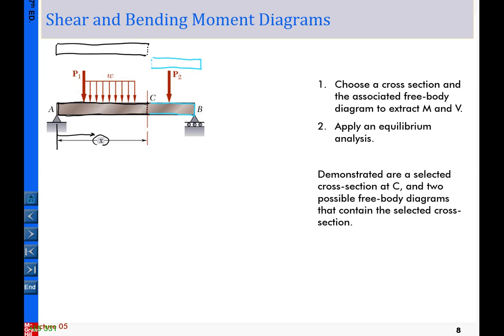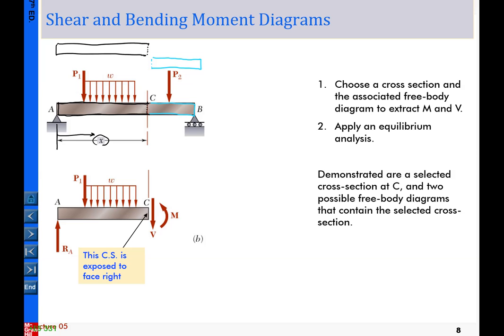So that is the first option. If you choose this free body diagram, then in that free body diagram you have such loading, and this is the reaction here. Okay, so that reaction is included.